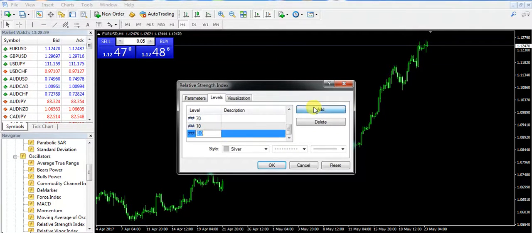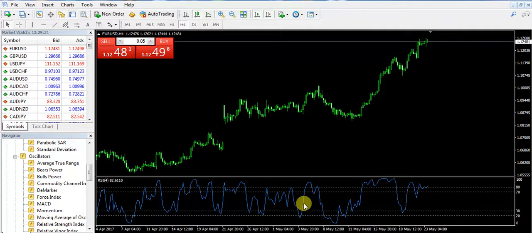You can add a 90%, enter, and there it is. I am very happy with the levels as they are, so I'm just going to delete the 90% and the 10%, and keep it as it comes by default. Hit OK, and voila. Here we have our indicator below our price action chart.